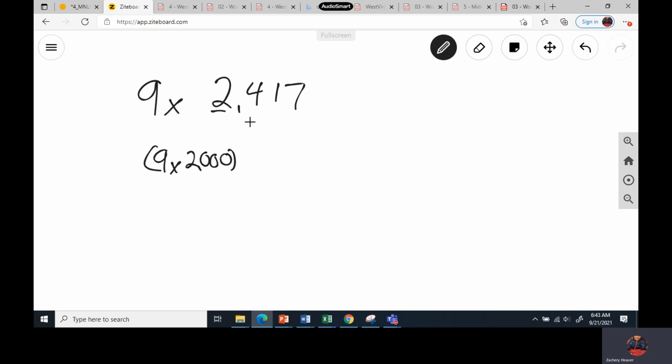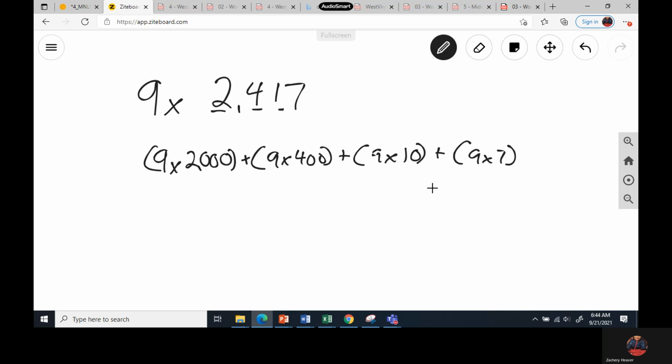Put it in parentheses, plus, parentheses, 9 times 400, because that's this, parentheses, plus 9 times 10, which is this, plus 9 times 7. So you created an expression. You broke this number up into smaller pieces to multiply, and then you add together. Very simple. Very simple. Hopefully that doesn't sound too confusing. On your practice homework should be no problem.